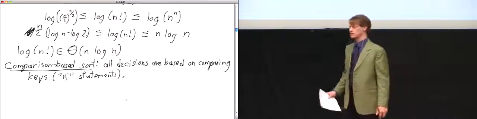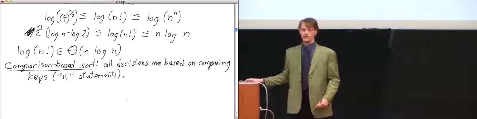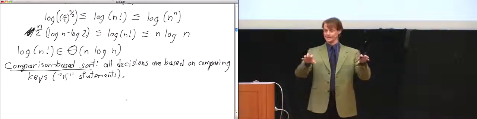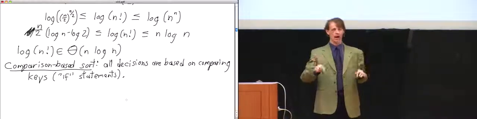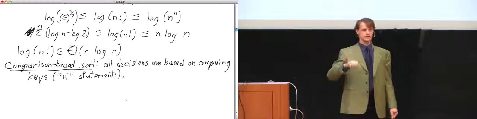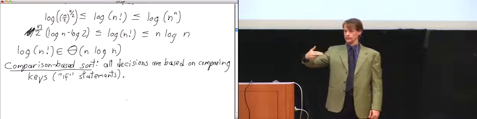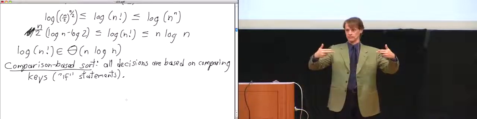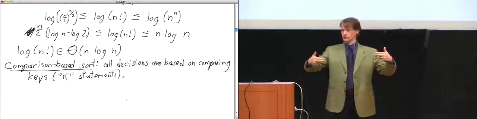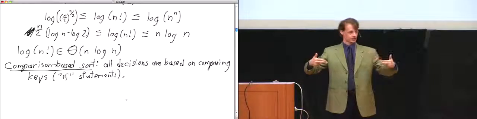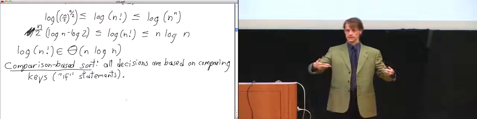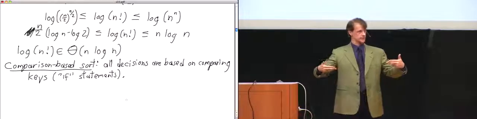Now I want you to imagine that we have two different computers that are both running exactly the same sorting algorithm on two different inputs. Suppose that whenever one computer reaches an if statement and the other computer reaches the same if statement, if the first computer gets true, the second also gets true, and whenever the first gets false, the second also gets false.